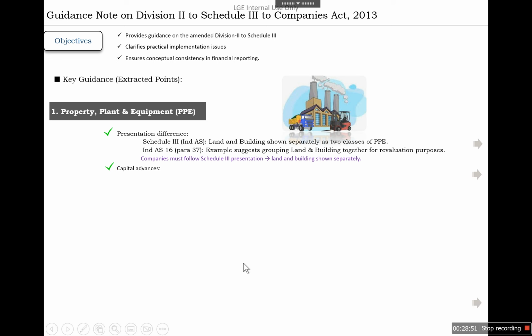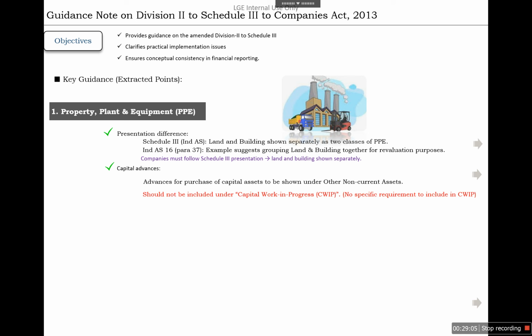So next is capital advances. Advances for the purpose of capital assets that the company has given have to be shown as other non-current assets. In some countries, capital advances are shown as capital work in progress.